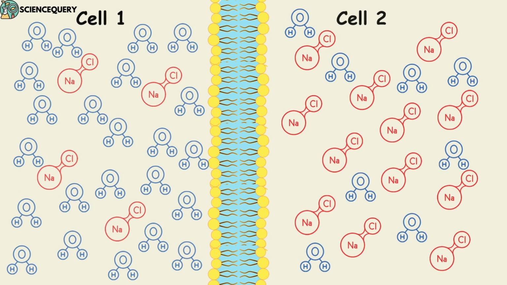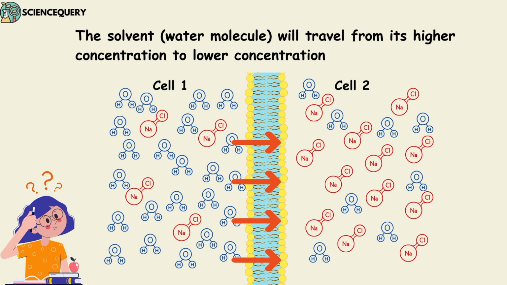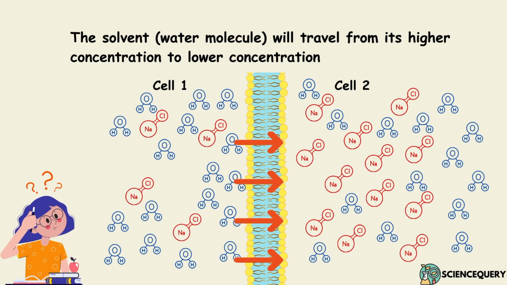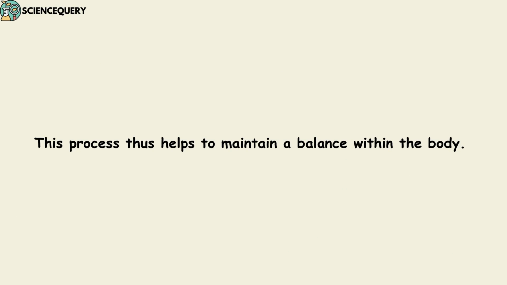Cell 2 on the other hand is having more NaCl which acts as a solute and less water, which makes this cell concentrated. Now can you guess which side the solvent or the water molecule will travel? The solvent or water molecule will travel from its higher concentration to lower concentration, that is from cell 1 to cell 2. This process thus helps to maintain a balance within the body.